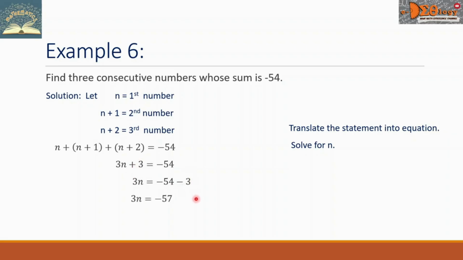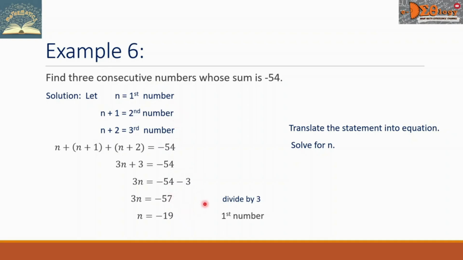We simplify the right side as negative 57. We solve for n further. We divide this equation by the coefficient of n, which is 3. So by doing so, the left side becomes n, and the right side, negative 57 divided by 3, is negative 19. So in the beginning, we said that n is the first number.